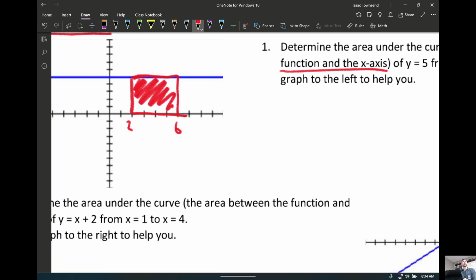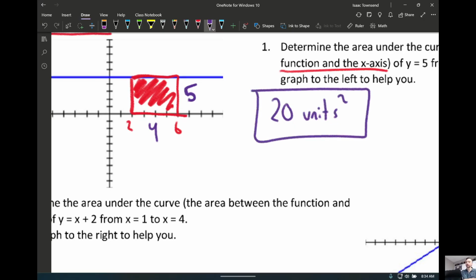Again, nothing to do with calculus yet. Because that's a rectangle that is 5 in width and 4 in length, or whatever you want to call length and width, it would have 20 square units of area. Remember, area is always squared units.